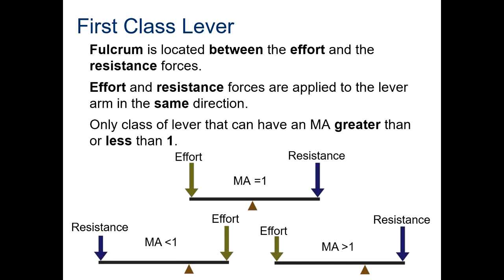That means it's going to take more effort to lift that than the resistance is. So it might take 10 pounds of effort to lift 5 pounds of resistance. On the other hand, if we put our effort on the long end and our resistance on the short end, it's going to have a mechanical advantage of greater than 1. So in other words, it'll take less effort to lift the weight.